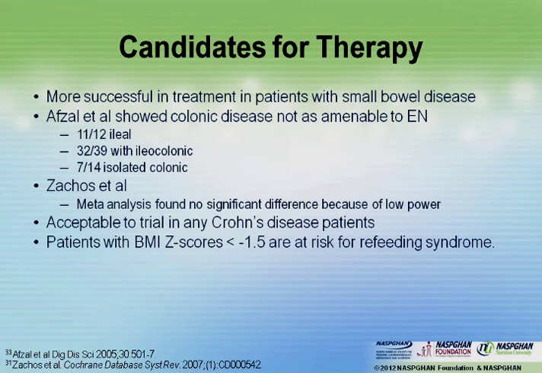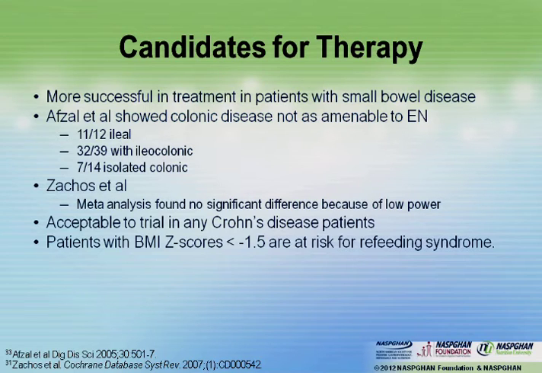So who are candidates to receive enteral nutrition? It's thought to be more successful in patients who have some small bowel disease. In one study of pediatric patients, 11 out of 12 patients with ileal disease went into remission, 32 of the 39 with ileocolonic disease, and half of those with colonic disease.